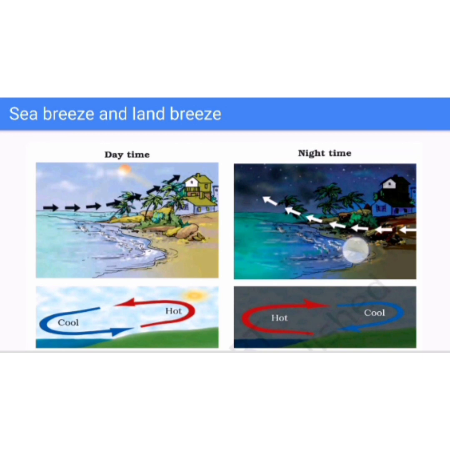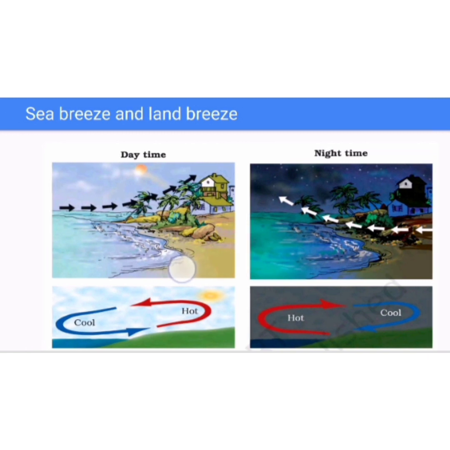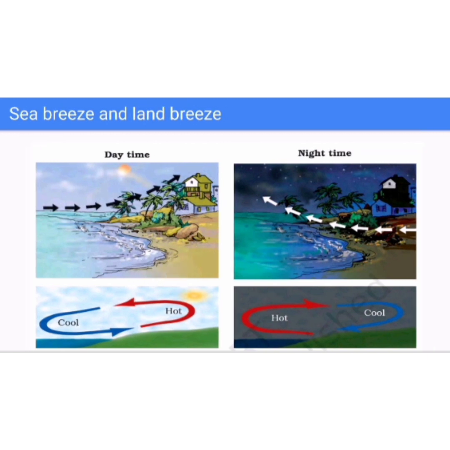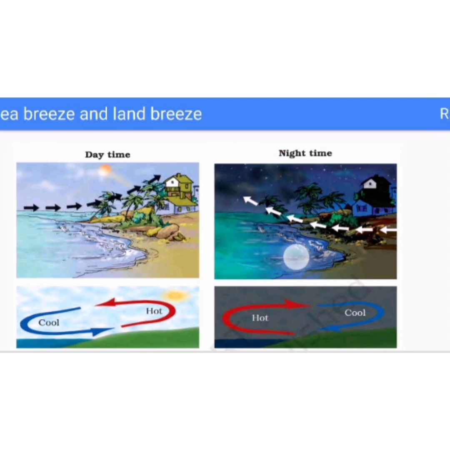So the cool air from the land moves towards the sea. The air from the sea is called a sea breeze, and the air from the land is called a land breeze.